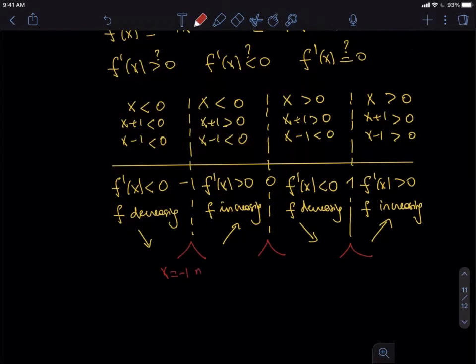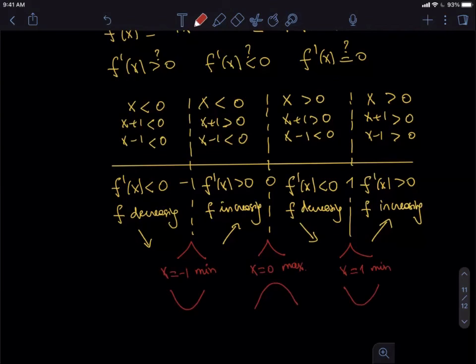It's a minimum, okay? Then x equals 0, I arrive increasing and I leave decreasing. So it's going to be a maximum. And x equals 1, I arrive decreasing, I leave increasing. So it's going to be a minimum.